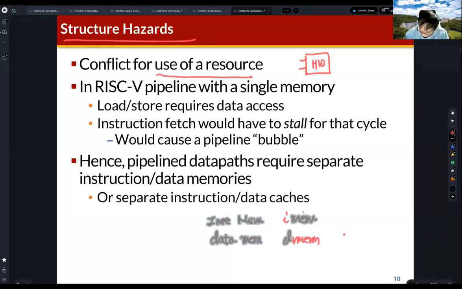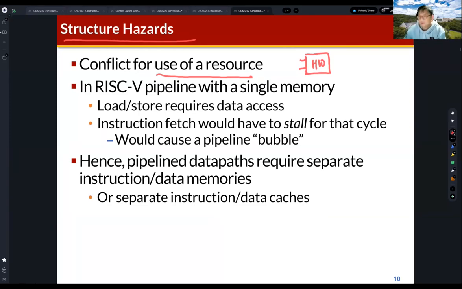Think like this. In chapter 2, we learned that instructions are also stored in the memory, right? Do you remember? Instructions are also stored in the memory, like the data.